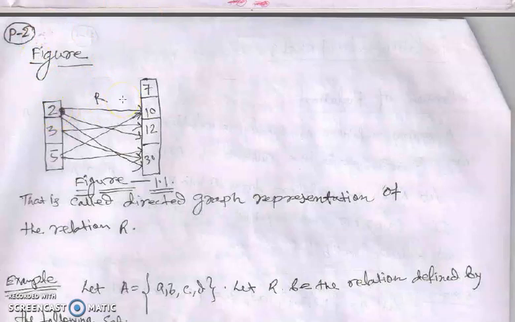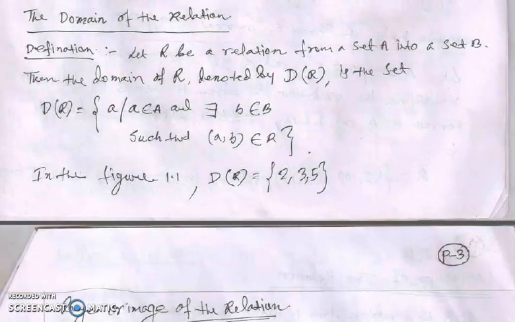Whatever may be the number of arrows, that doesn't matter, but if there is an arrow from a particular element on the left hand side, this element belongs to the domain set of the relation R. So 2, 3, 5 should be the domain of the relation R according to this example. In figure 1.1, the domain set is 2, 3, 5.